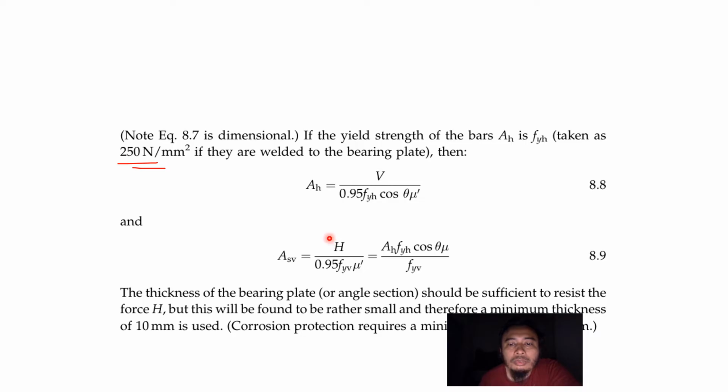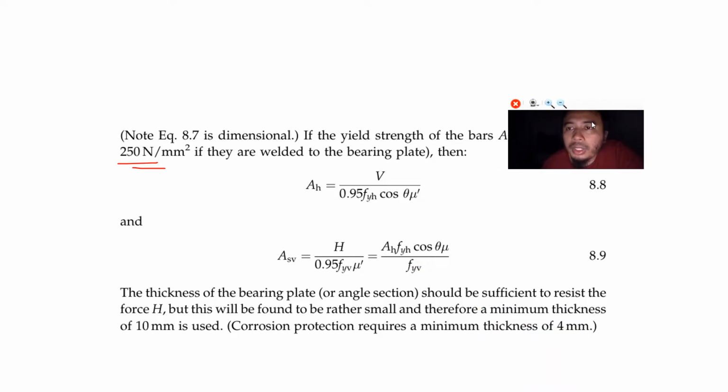And then for your shear links, H divided by 0.95 FYV mu prime, or you can correlate with the AH value, which is AH times FYH cos theta FU, because your H value is based on your V. That's why you can derive another form of equation for 8.9.